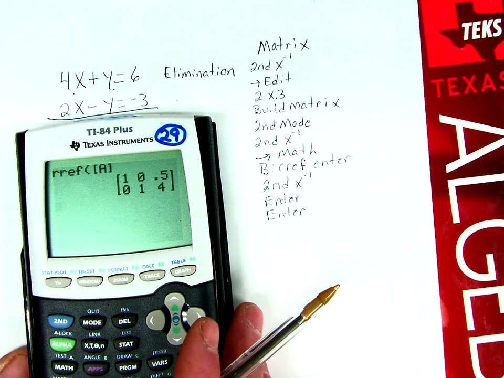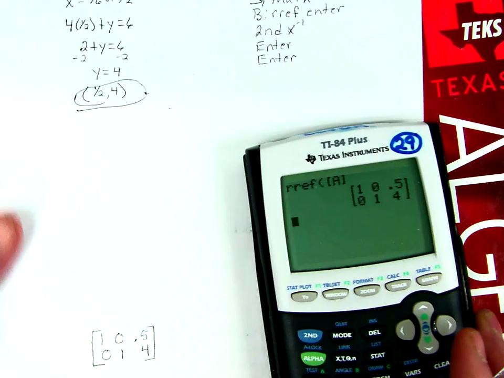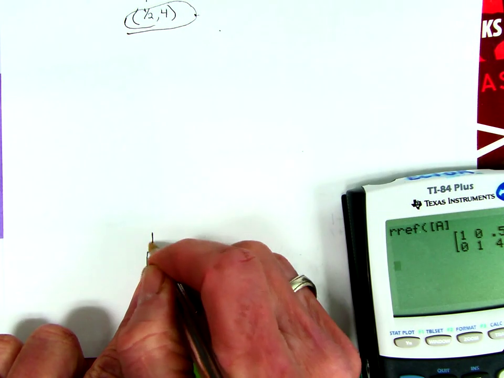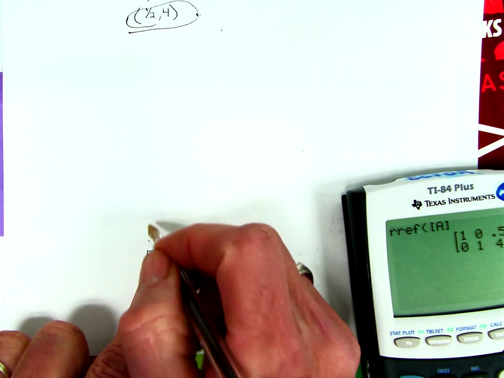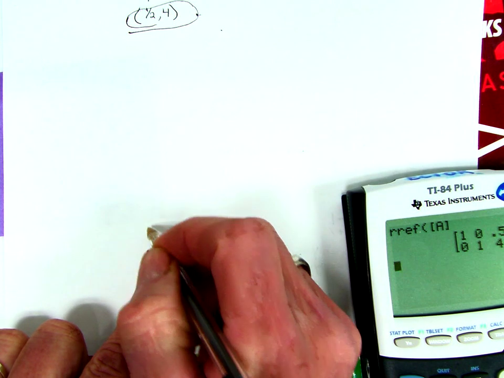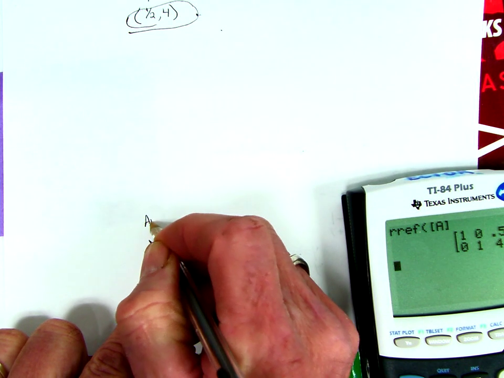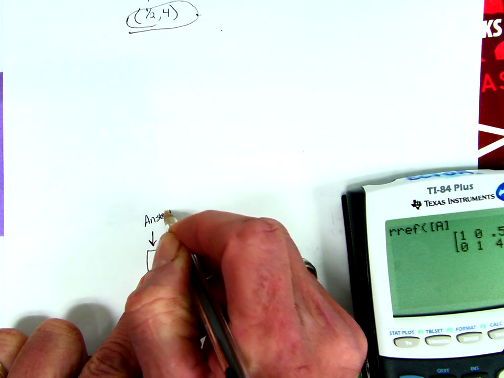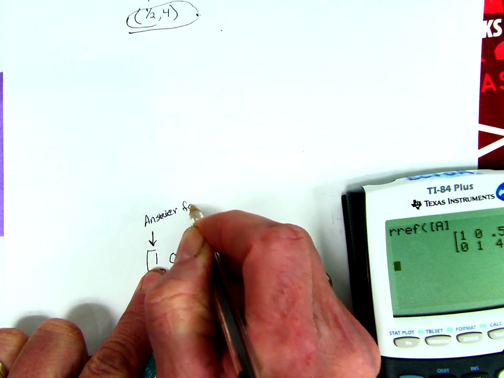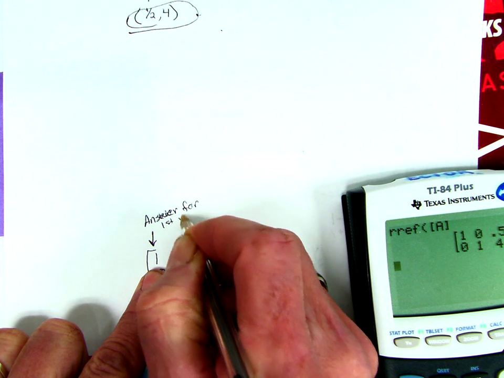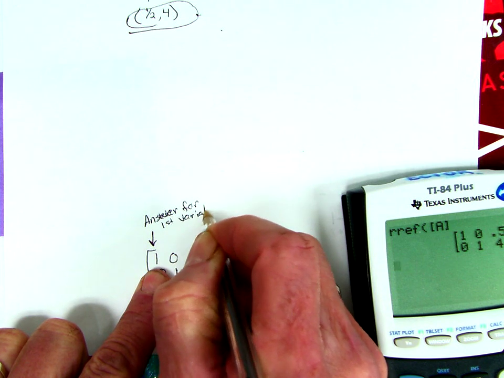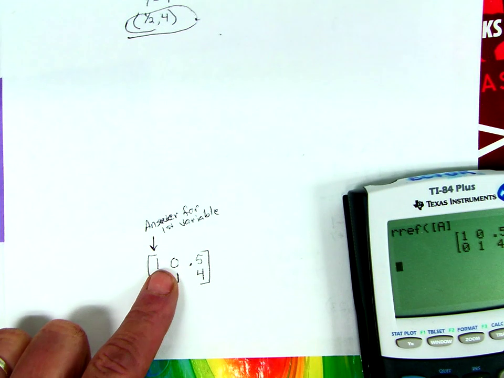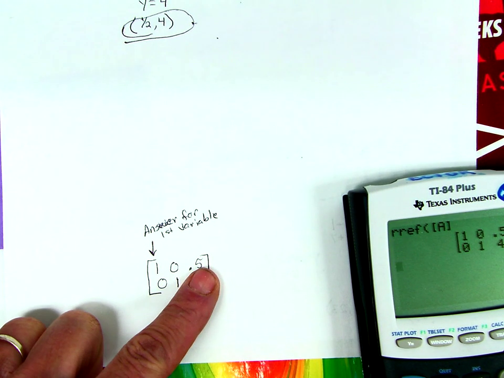Now how do you read this? The 1 in the first column and in the first row means the answer for the first variable. Our first variable was x, so here's the answer for x, 0.5.